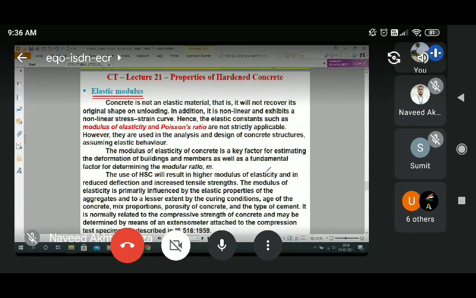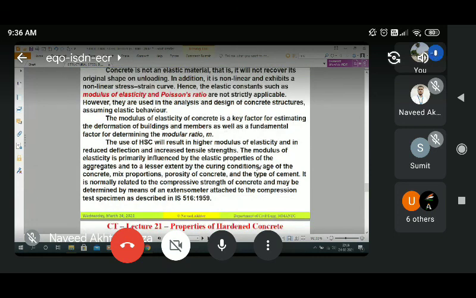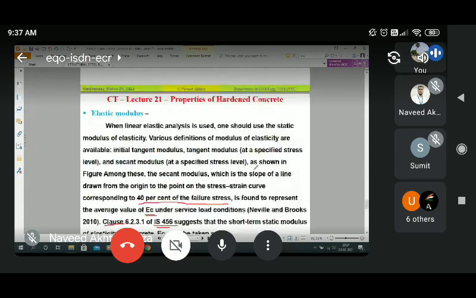Third year diploma students also use the modular ratio while designing beams in reinforced cement concrete design. If any doubt or question, you may ask, otherwise we will end the lecture.